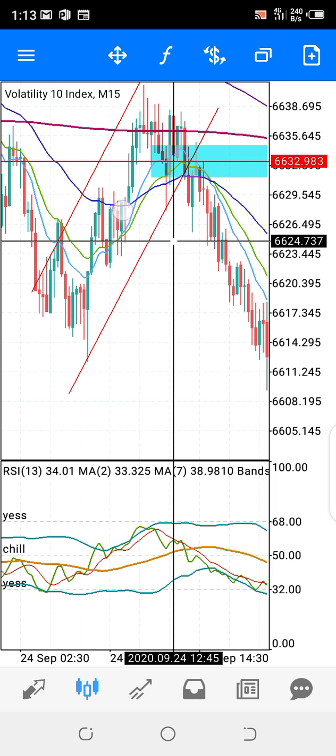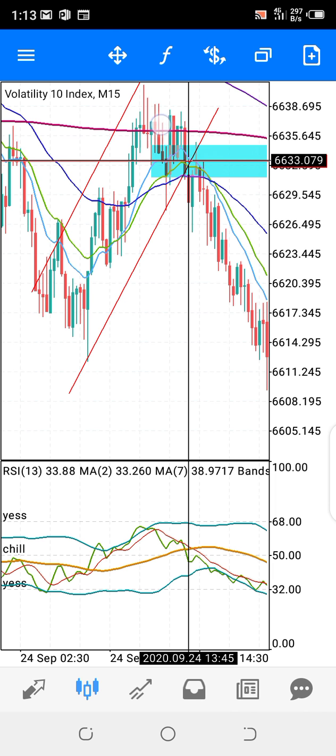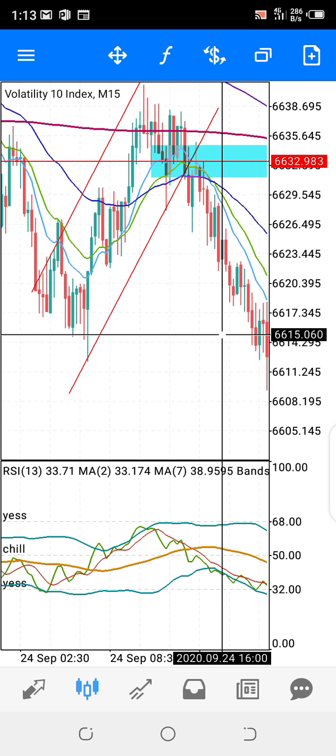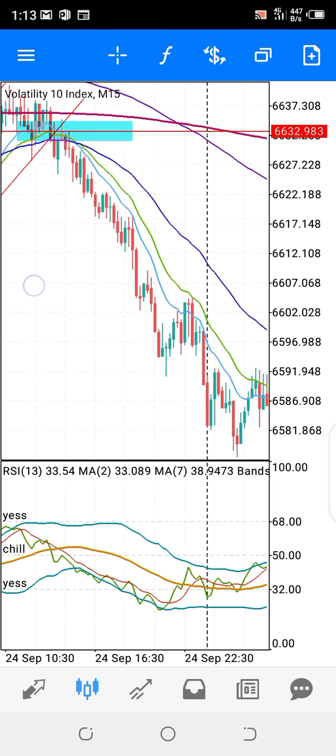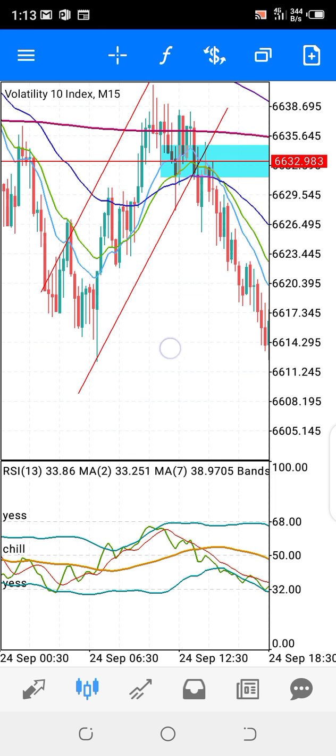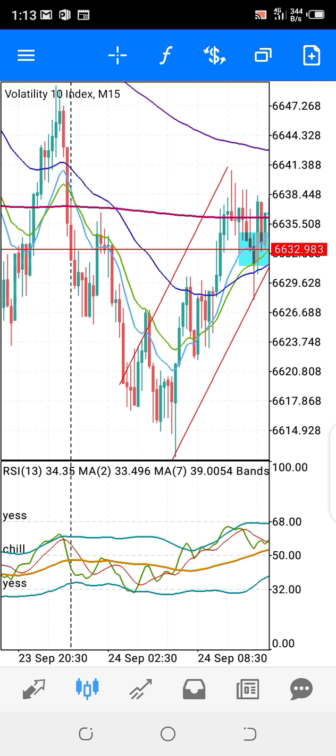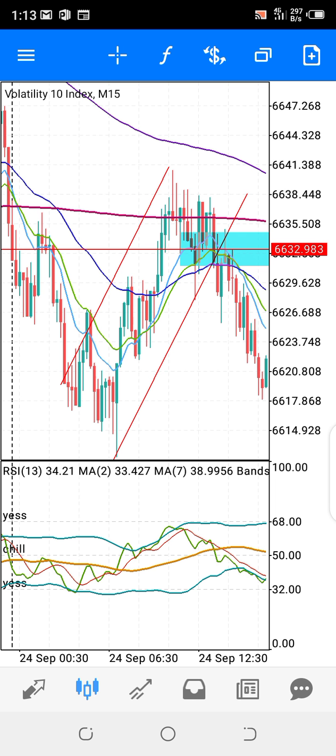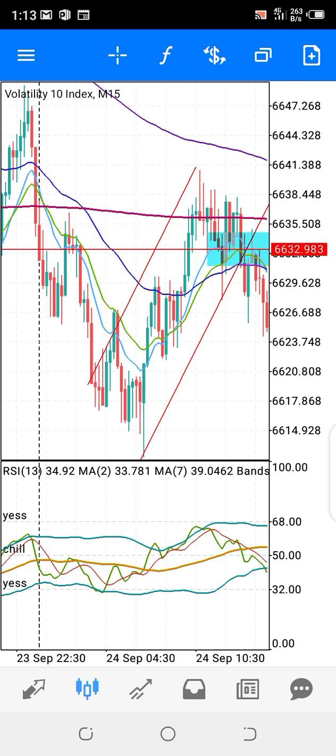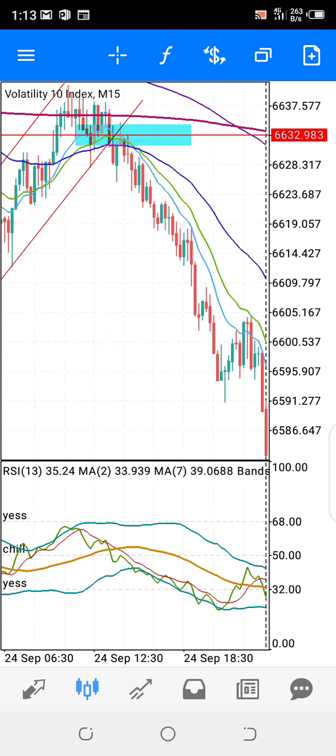Then I found that this candlestick closed below. Then I wait for a retest back into the order block. Then I pull my trigger. Then there was a nice bearish run. Okay, then for take profit, you use the length of the flagpole. Then that's what I use for my take profits.